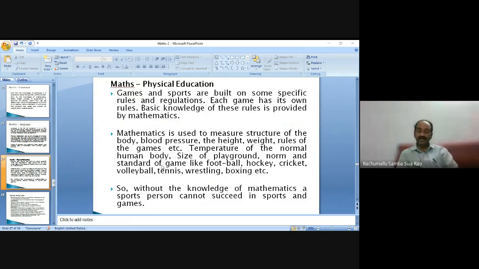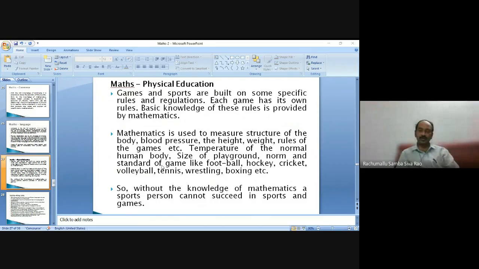What is the length and breadth of a court on one side and the other side? We have to draw rectangles or squares in that court. Particular measurements are there, length and breadth for each side of the court. Those are the application of mathematics only.